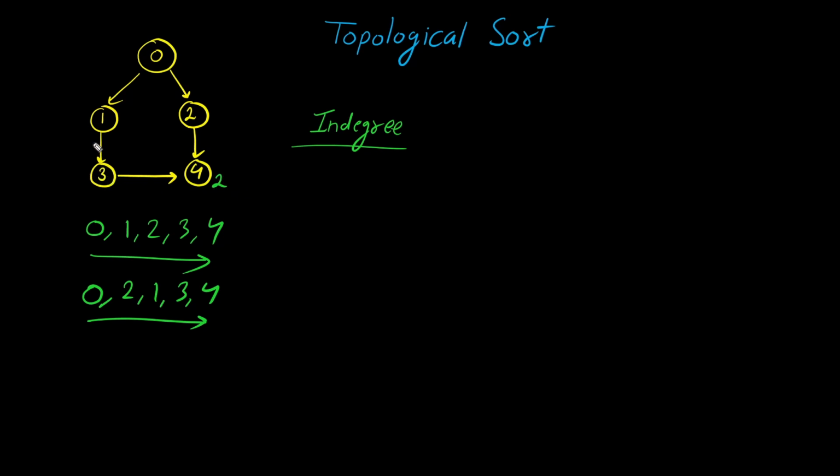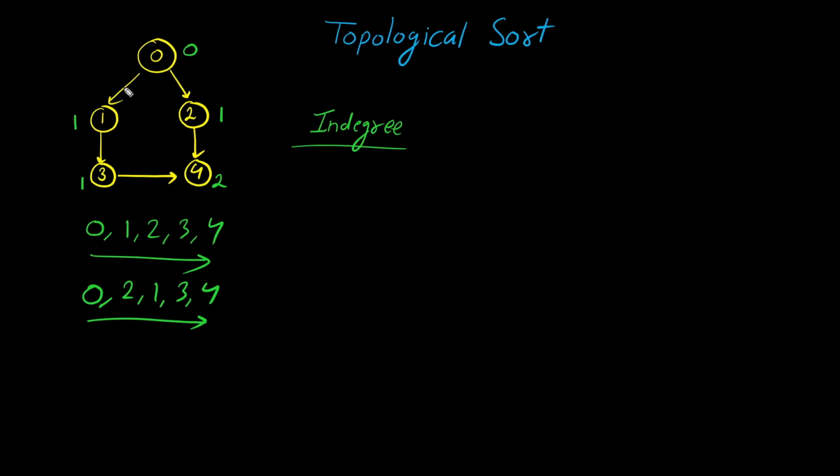For 3, there is just one edge coming, and we would not consider the outgoing edge at all. So the in-degree would be 1. Over here, the in-degree would be 1 again. Over here, in-degree would be 1. And for 0, the in-degree would be 0. There are only edges going out, not coming in.